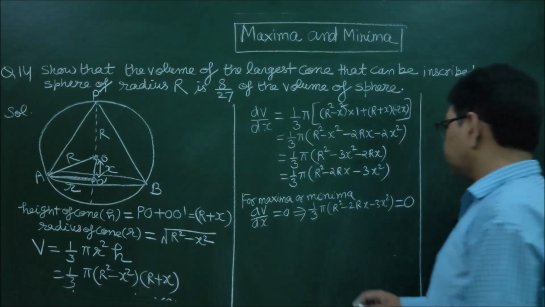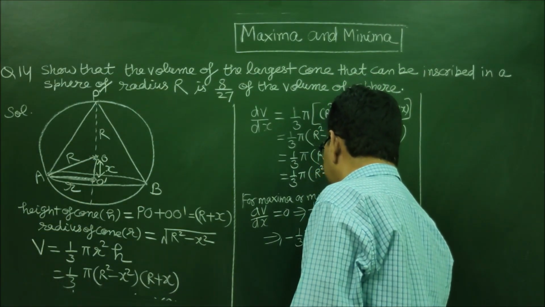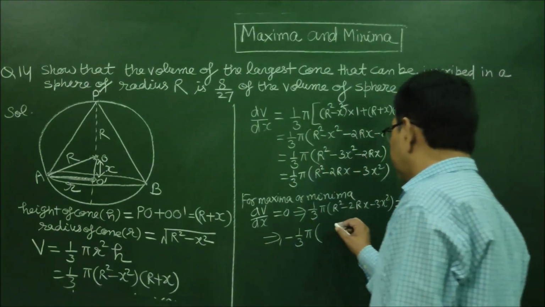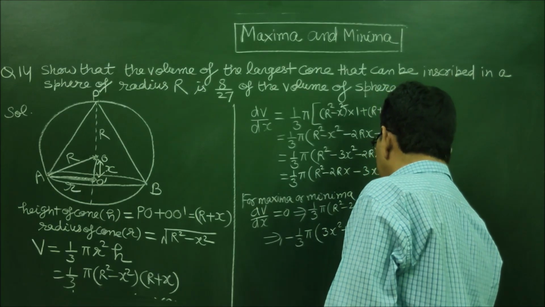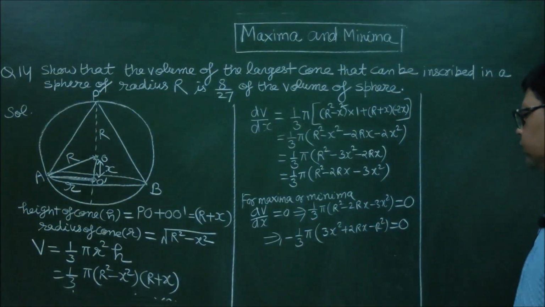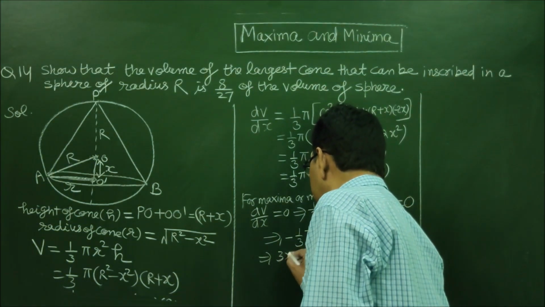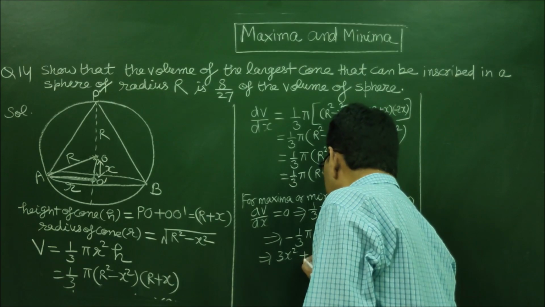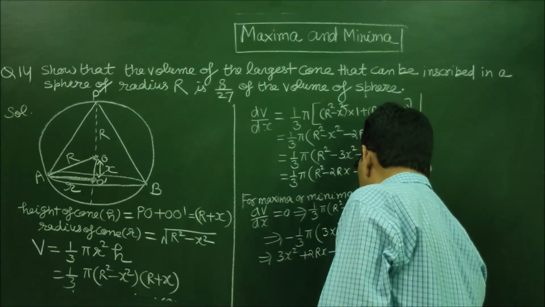Taking the negative sign common, we can write this is equal to minus 1 upon 3 pi, 3x square plus 2rx minus r square is equal to 0. So on further simplification, 3x square plus 2rx minus r square is equal to 0.